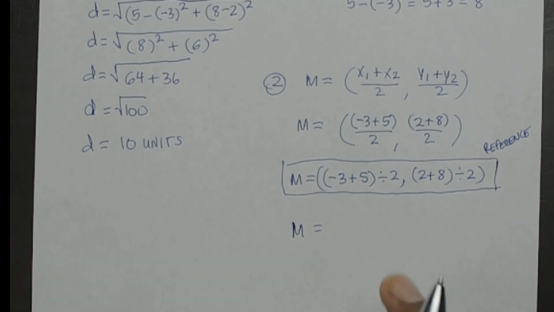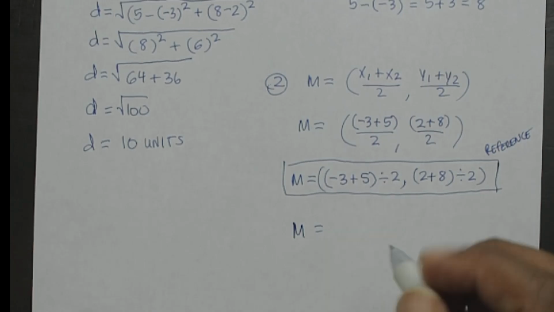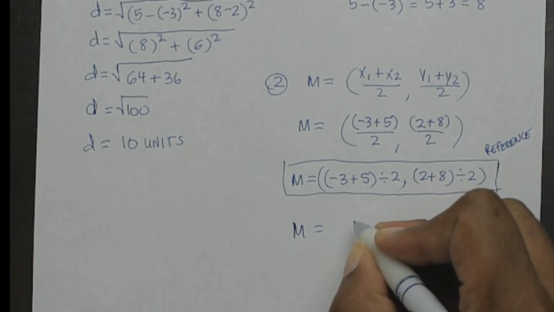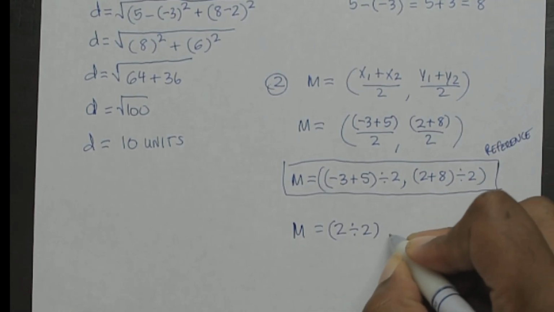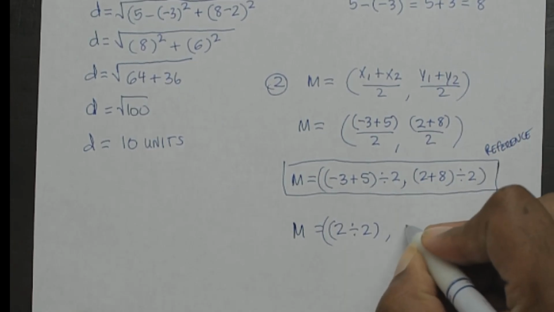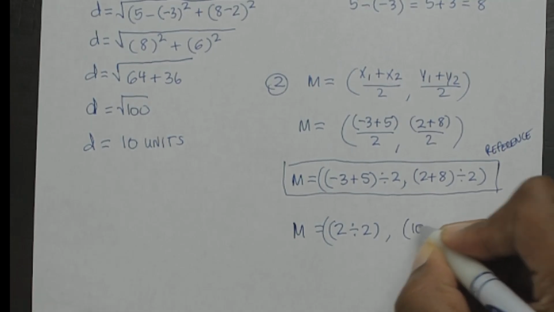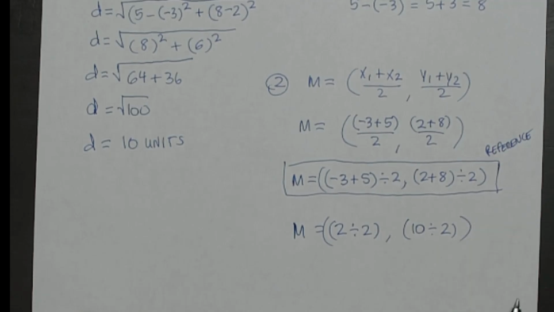So again, simplifying this, we have -3 plus 5. Again, you subtract and take the sign of the bigger number. This is going to give me 2 divided by 2, comma. Then 8 plus 2 is going to give me 10. 10 divided by 2. Okay?